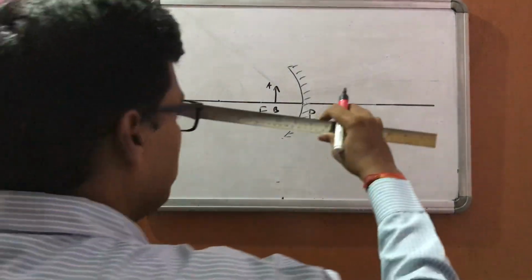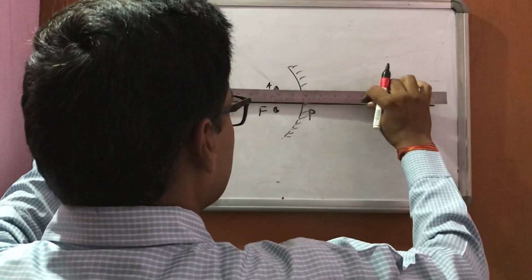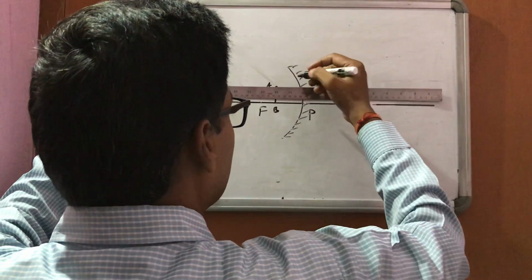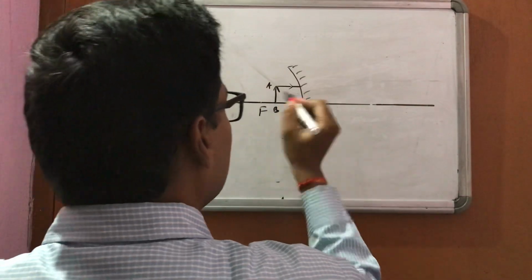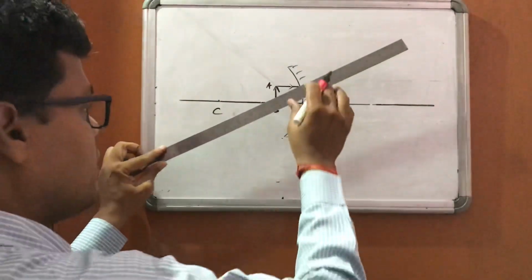The light ray coming parallel to the principal axis, what happens?